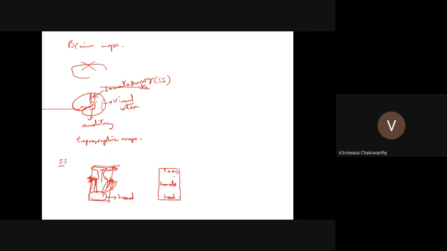One thing about this is that nearby points on your body surface activate nearby neurons in this map. So there are two properties. These are map properties. First, nearby points on the body surface activate nearby neurons.